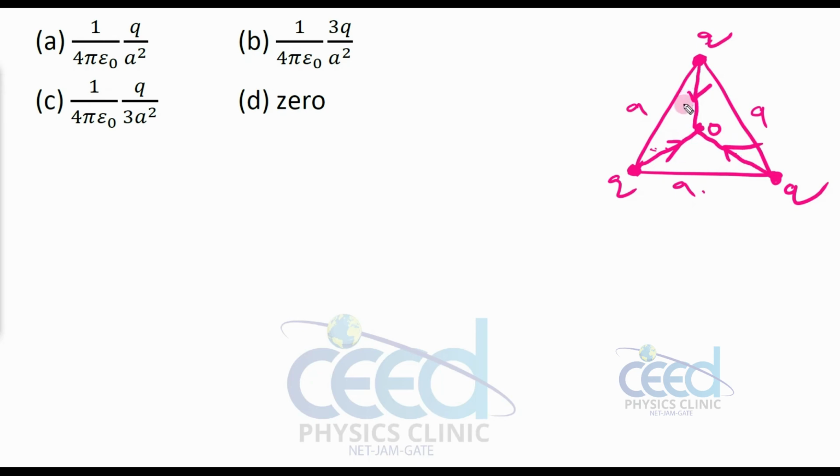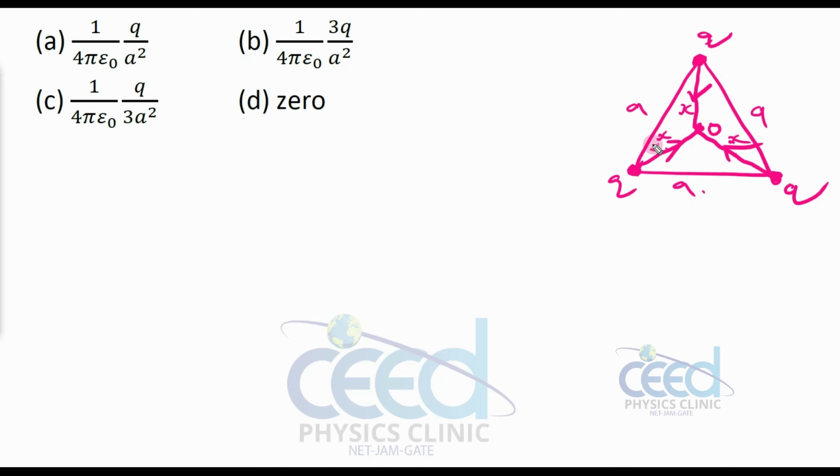We already know these distances are all equal, so the centroid is situated at equal distance from the corners. Let me represent with another color.